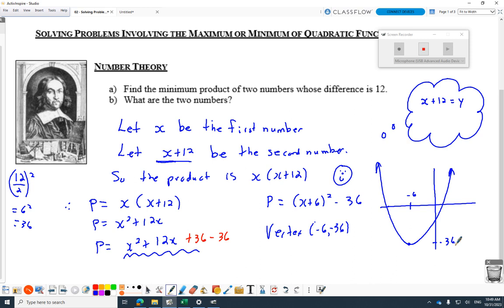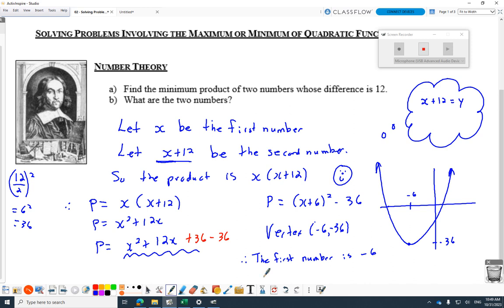It's the first number. Okay, these let statements, hopefully some teachers have tortured you with let statements along the way, and they acted like it was about communication, and they were wrong. It's not about communication. It's about knowing what the heck we're talking about. Let x be the first number. So, therefore, the first number is -6. There, right there.